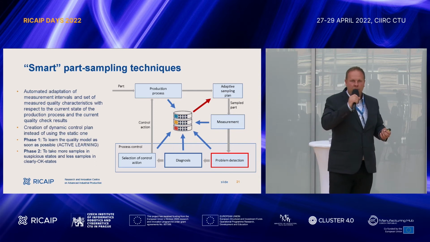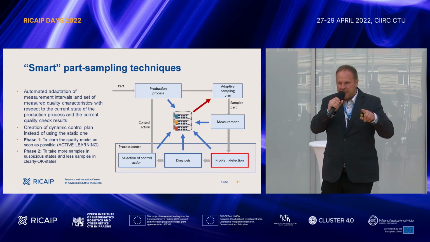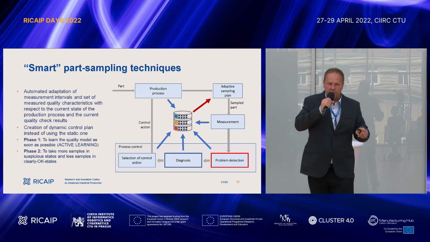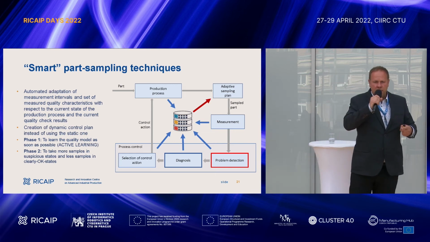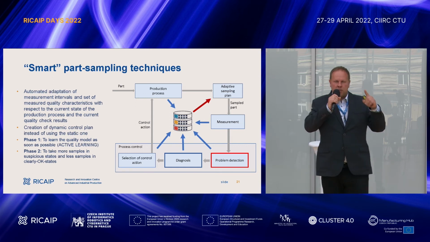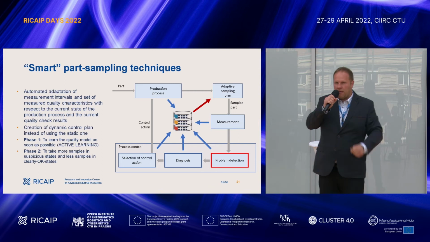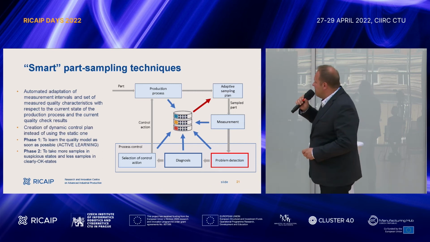Maybe we can increase the frequency of sampling if we detect there could be some problem in the process. Or we can even sample the parts according to the potential benefit for the model itself. So we can use something called active learning.